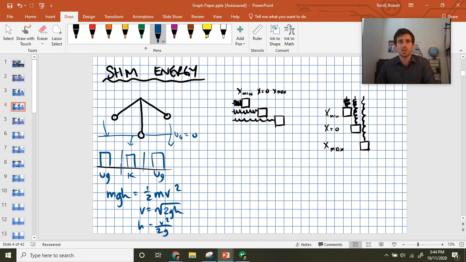Going to the horizontal spring, it's still pretty easy problems. I'm going to call this one energy spot 1, energy spot 2, and energy spot 3. At energy spot 1, this is when it's maximally compressed, so it would have spring energy there. Then it pushes itself out to the equilibrium position, that's E2, and at E2, that's the rest state.